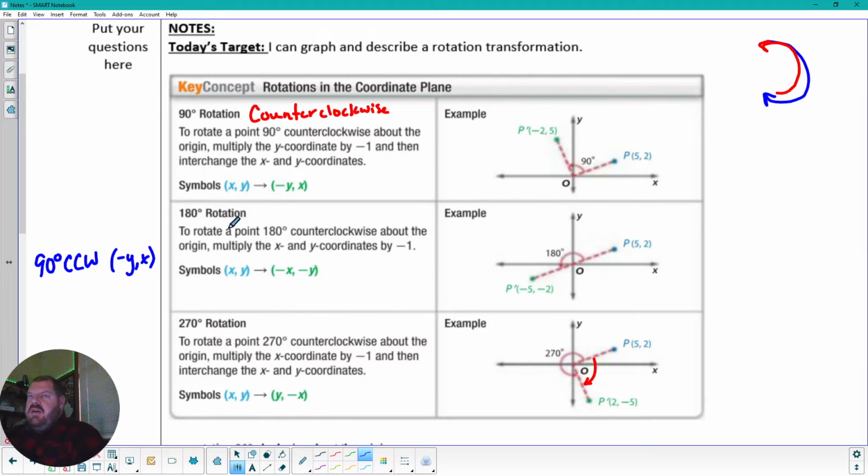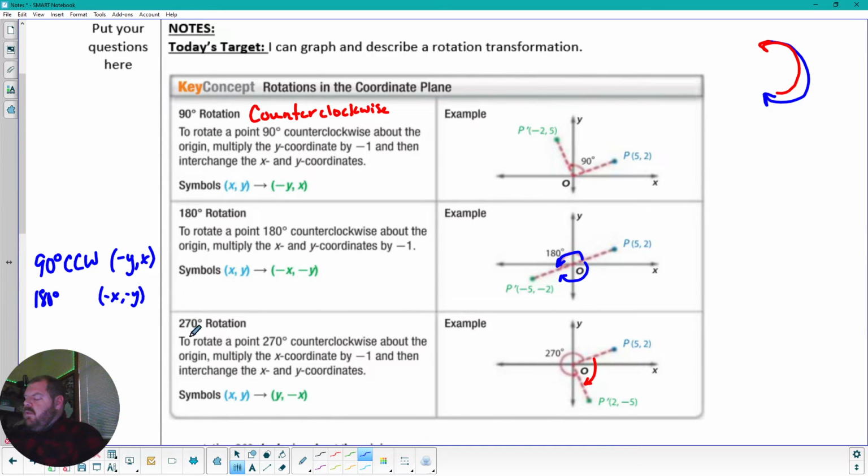Now, with 180 degrees, I don't need to give a direction because it's the same whether I go counterclockwise, as they say we always go, or if I decided to go clockwise 180 degrees, I'd end up at the same spot. Okay, so we're just going to make a note of that. 180 degrees is going to turn (x, y) into negative x, negative y.